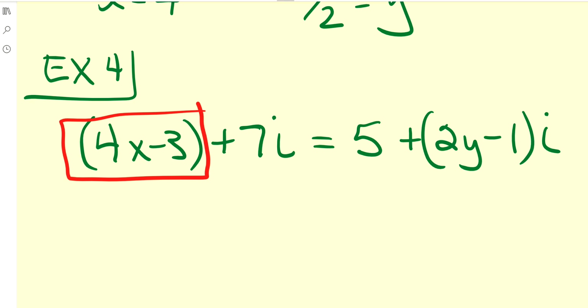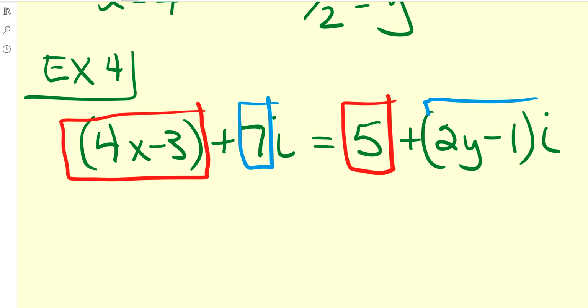So it's telling you that's all the real part. And I'm going to pair it up with this equaling 5. Okay, once I get that, then I'll take a stroll over here and take the 7 and get that equal to 2y minus 1. Again, I'm leaving the i's out of the equation. All right, so there we are.